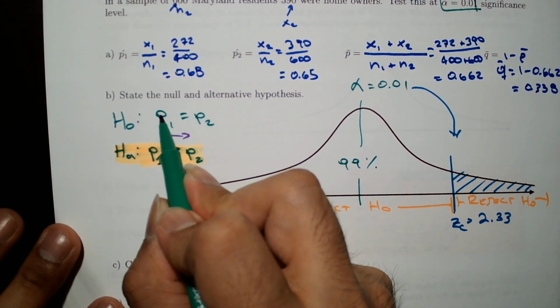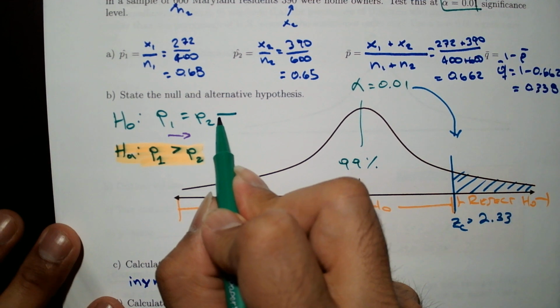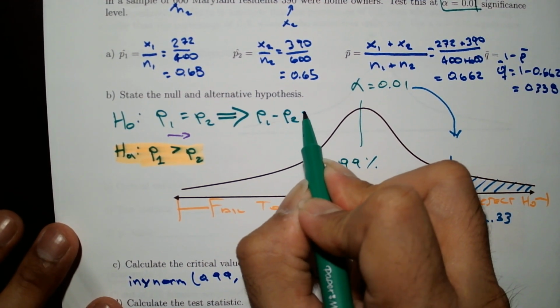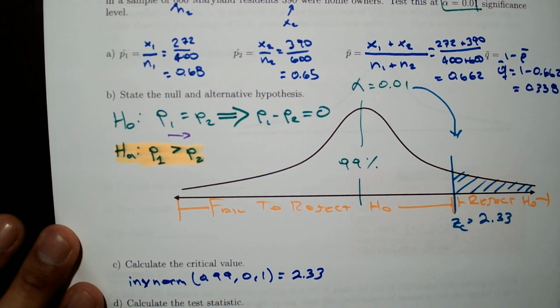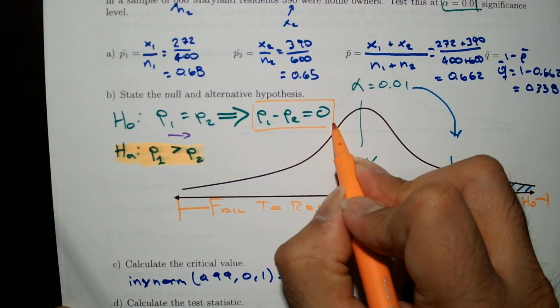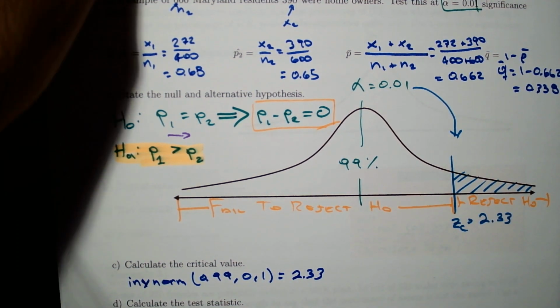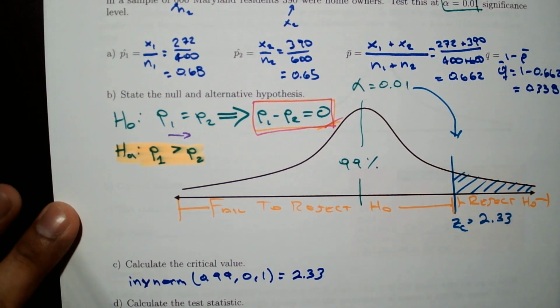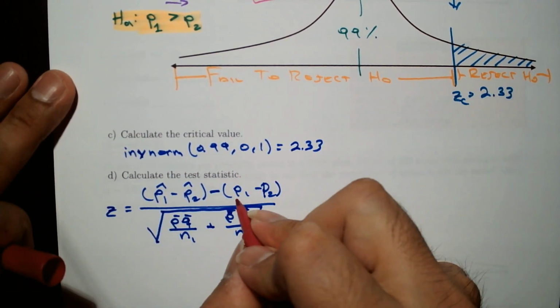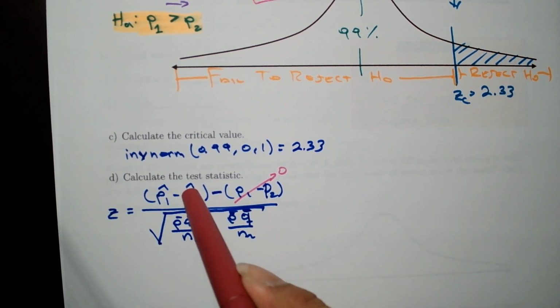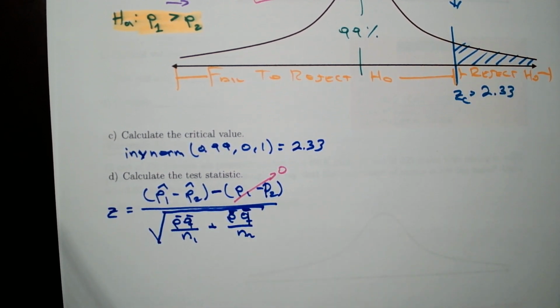I'm going to move everything to the left-hand side, and this becomes P1 minus P2 equals 0. So from this very part right here, this is going to go to 0.